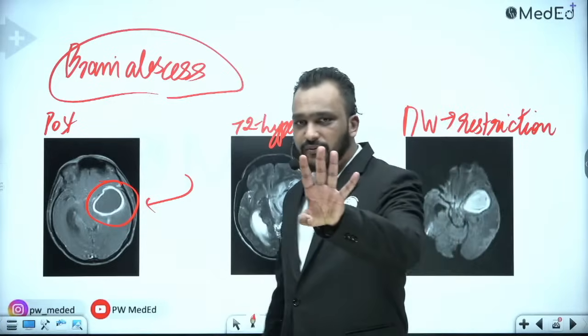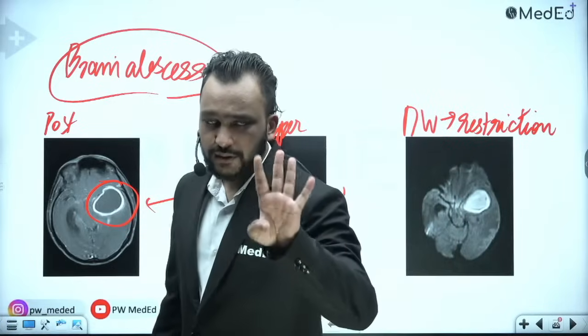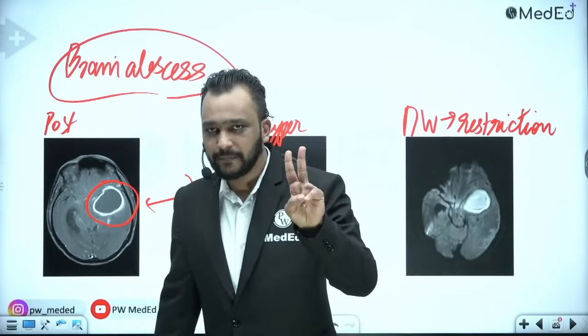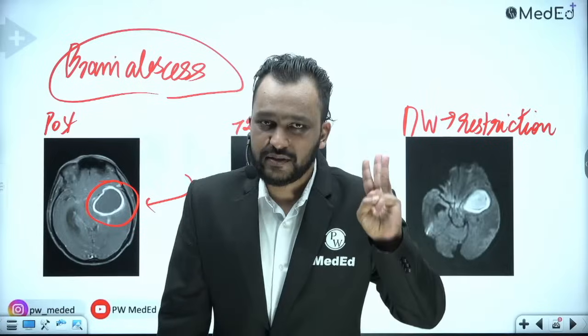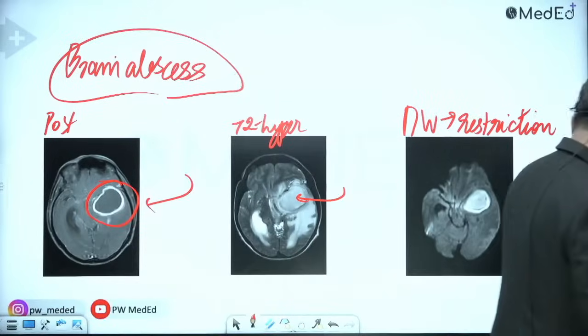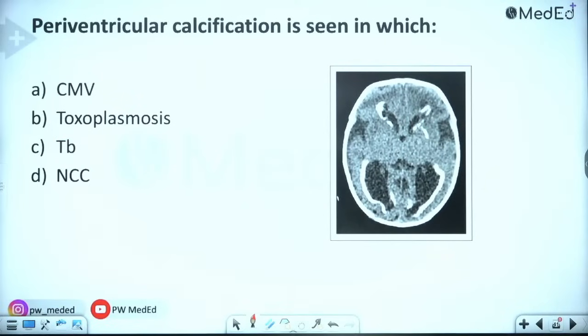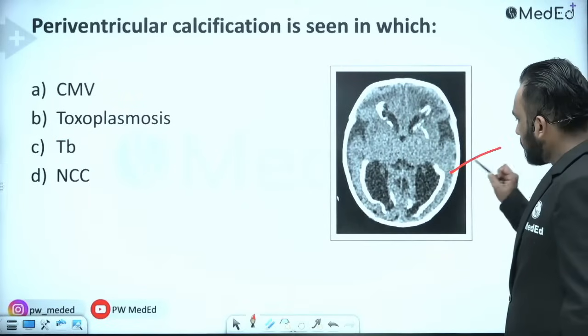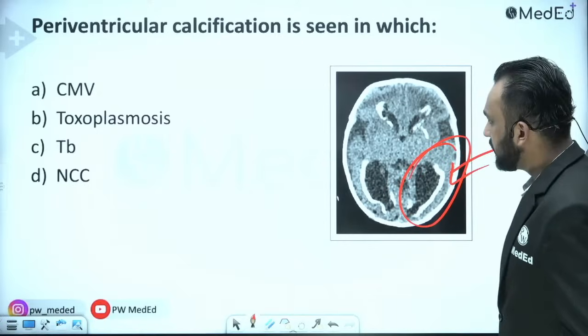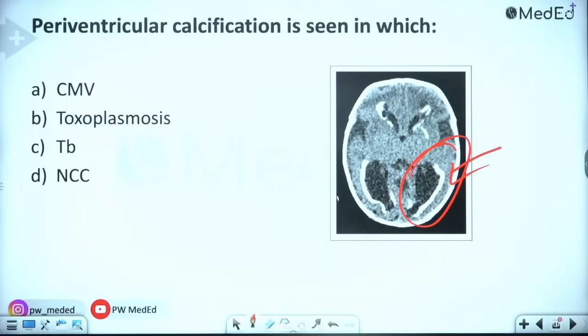So I told you, diffusion, 4 important pathologies. One is acute infarct, second brain abscess, third epidermoid cyst, which I am going to show you, and fourth is brain tumors, which are going to show diffusion restriction. So another one-liner: periventricular calcification is seen in CMV, cytomegalovirus.